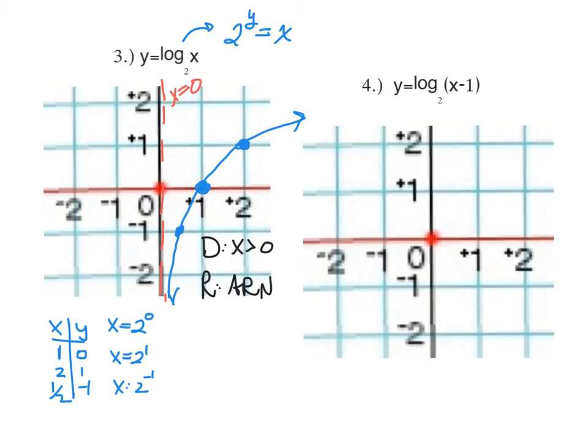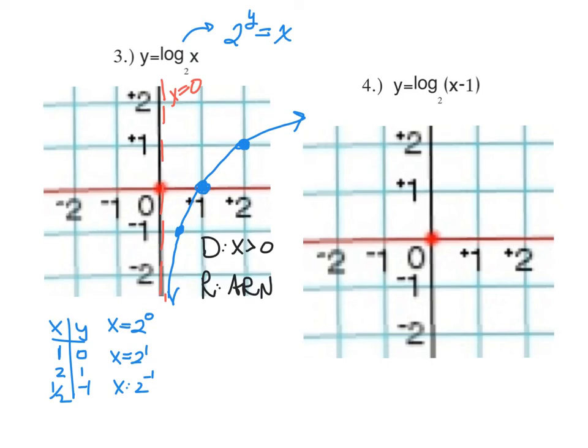In problem number 4, when I want to graph y equals log base 2 of x minus 1, things are going to be very similar to the other logarithm curve, except now I have this minus 1 inside of the parentheses. It's not outside of the function, now it's inside of that parent function. And what that's going to do is to shift everything to the right 1 unit.